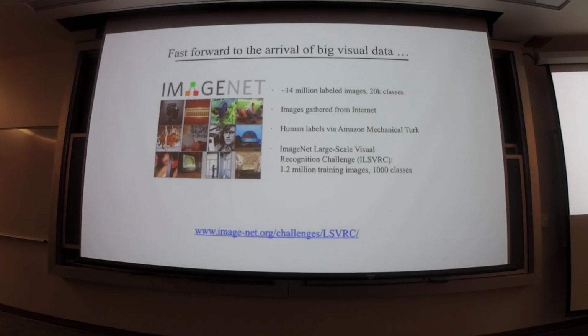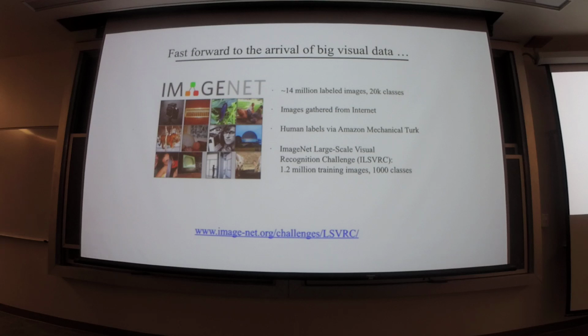The competition started in 2010, I believe, on this image set. Every year, the winners were announced at CVPR, one of the major computer vision and machine learning conferences, and we're going to see a chart of the errors on this set for the classification task.